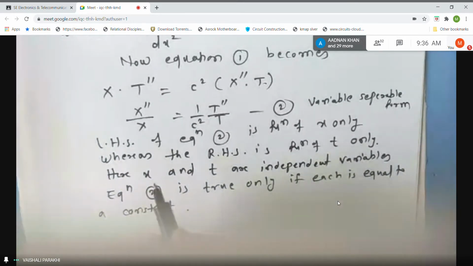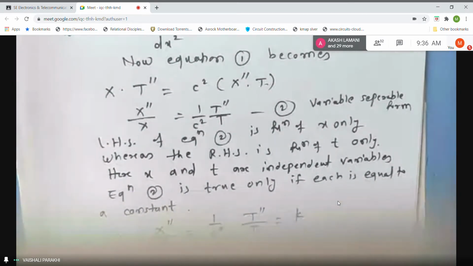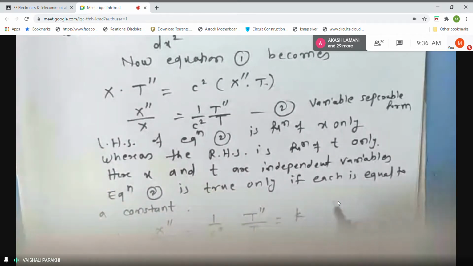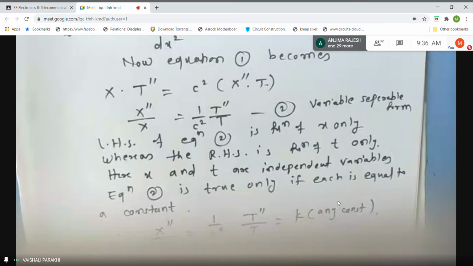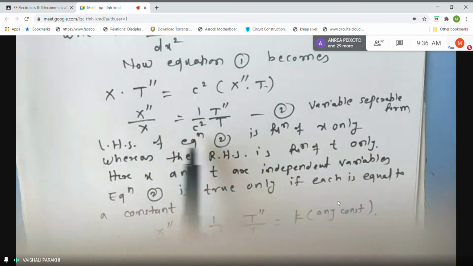What is the meaning of this? X double dash by X equal to 1 by c square T double dash by T has to be some constant k, where k is any constant. X and t are independent and you have shown that these two things are equal, right? So definitely both will be equal to some constant k. Okay.